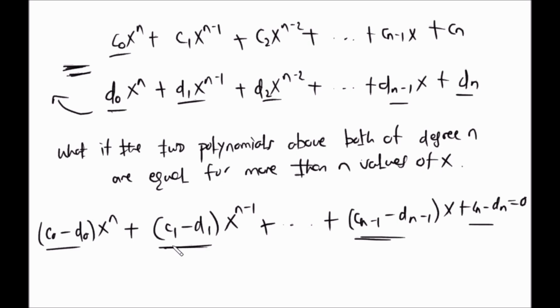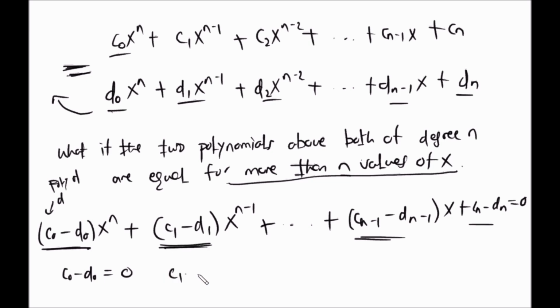Sasa tumetoka kujifunza nini hapo nyuma? Tumejifunza kama if a polynomial of degree n, kwa sababu yenyewe ni polynomial of degree n, is equal to 0 for more than n values of x, basi coefficient zote zinakuwa 0. So manake coefficient hii c0 minus d0 itakuwa 0, hii ya kwanza.